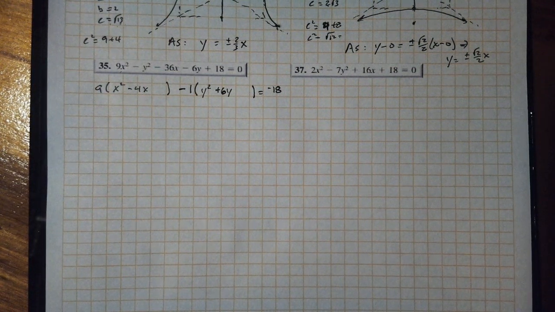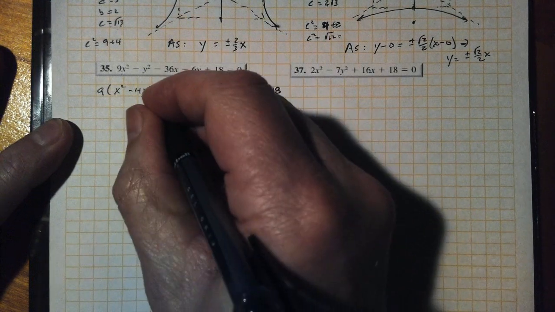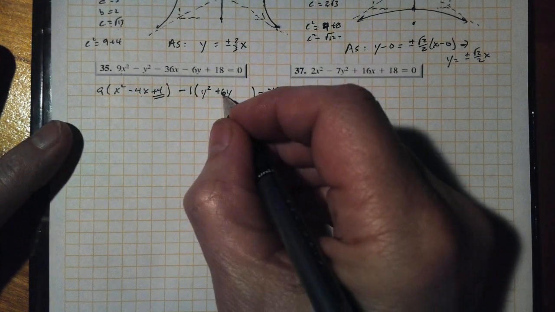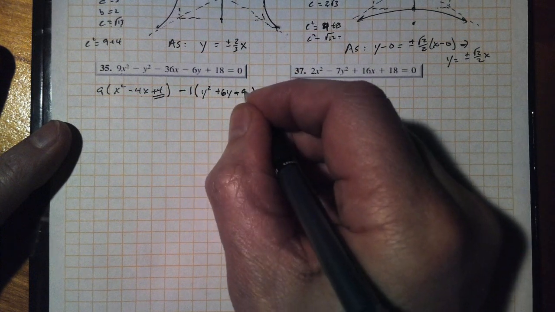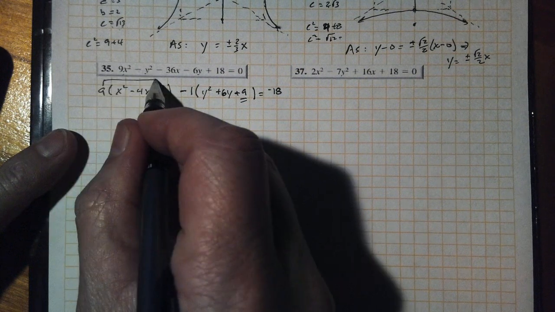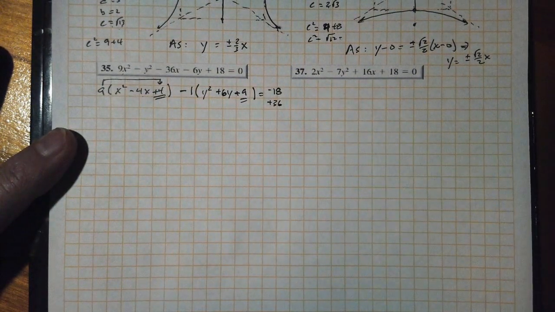Subtract 18 from both sides. We've changed the form of the equation, but the equation still holds. But now we need to complete the square. Half of 4, 2 squared, plus 4 double underline. Half of 6, 3 squared, plus 9 double underline. What did I really just do? I added 36.